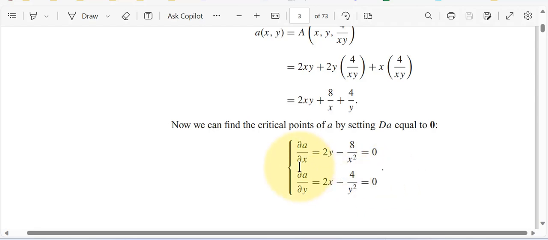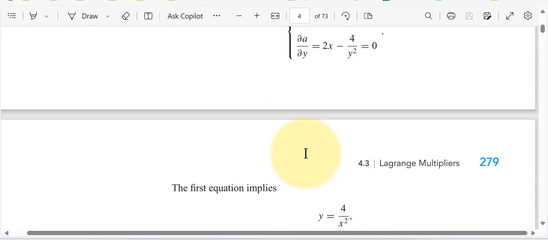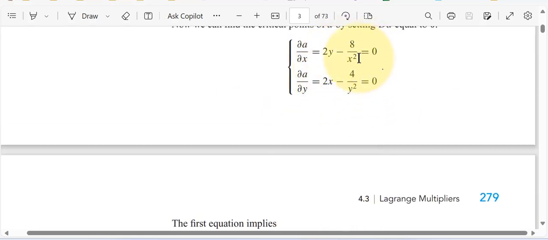We take the derivative and set it equal to 0. We haven't gone through the details of what you would do when you're working with partial derivatives, but we'll just accept that what they're doing is correct. And then they solve this system of equations. They have two equations here, and so they can solve for x and y.